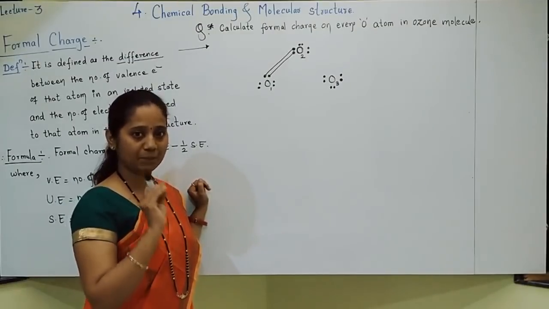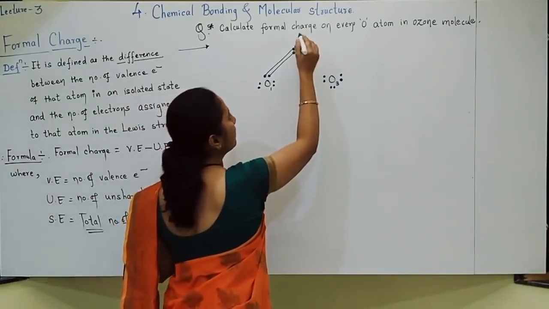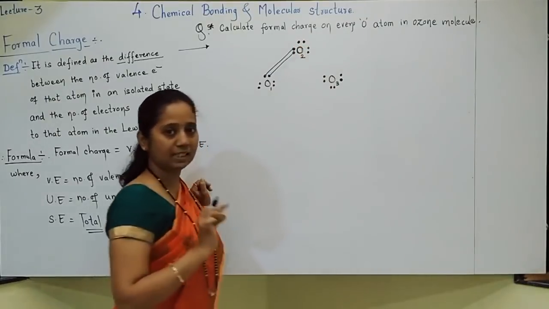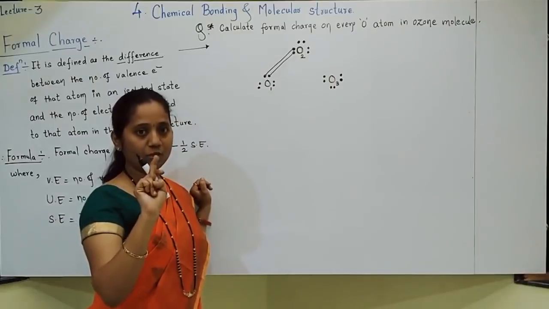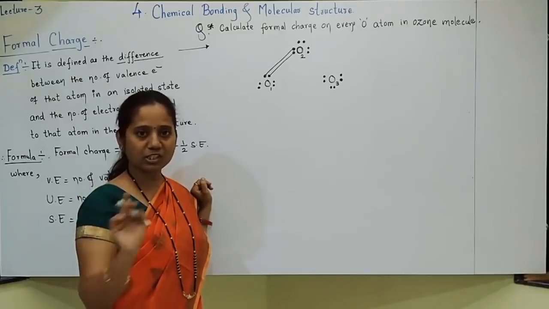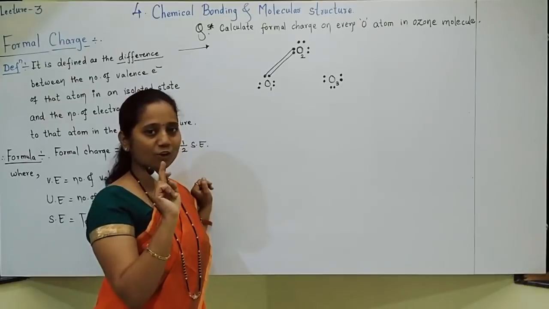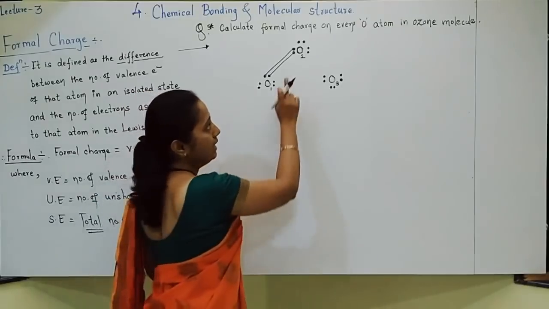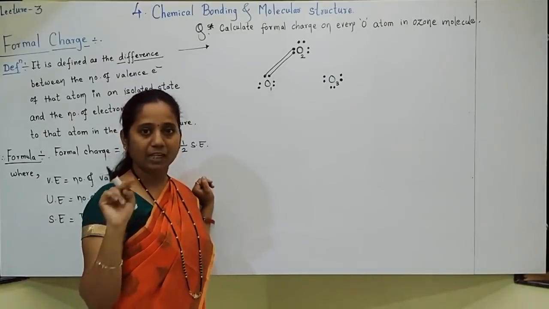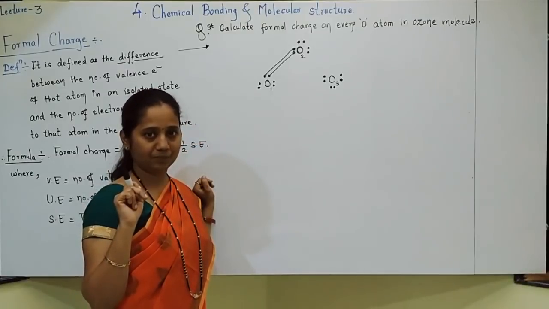I have already told you in the previous lecture that this second oxygen donates 1 electron to the third oxygen. But the third oxygen does not give anything back to the first or second oxygen. See here, the second oxygen donates 1 electron to the third, and they will share that electron.